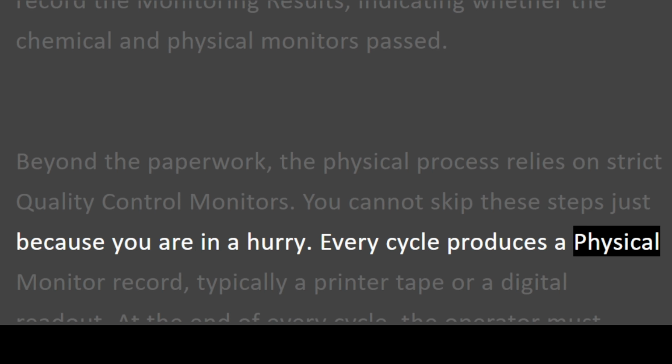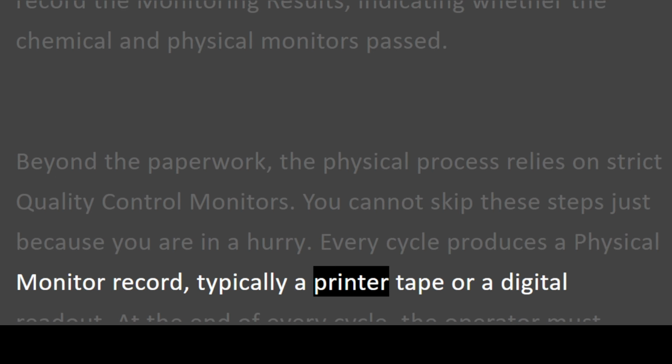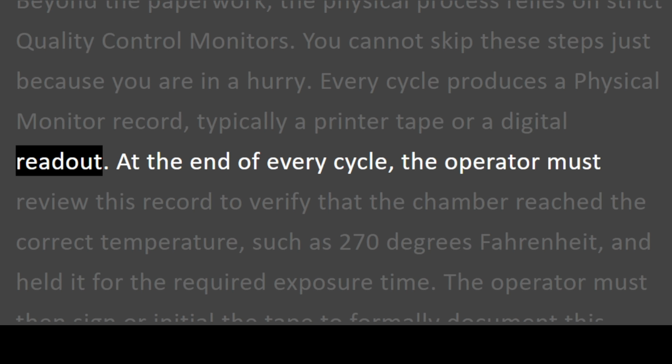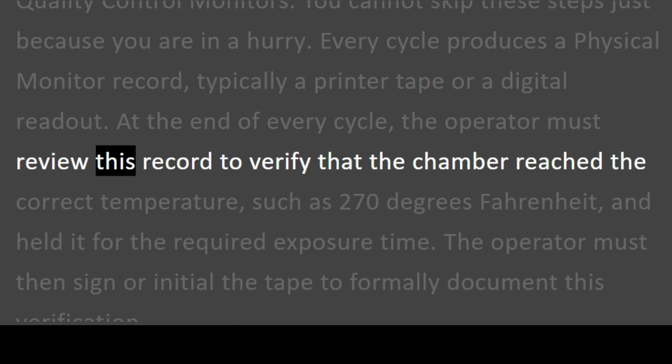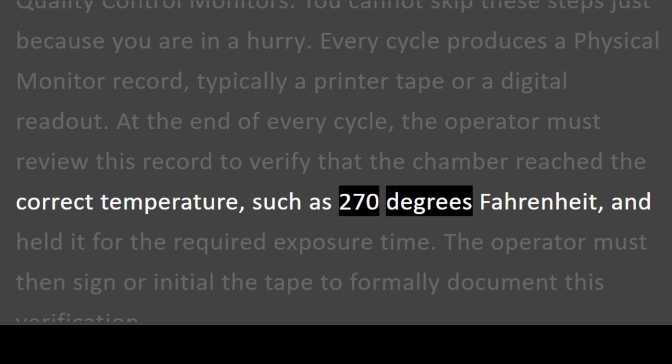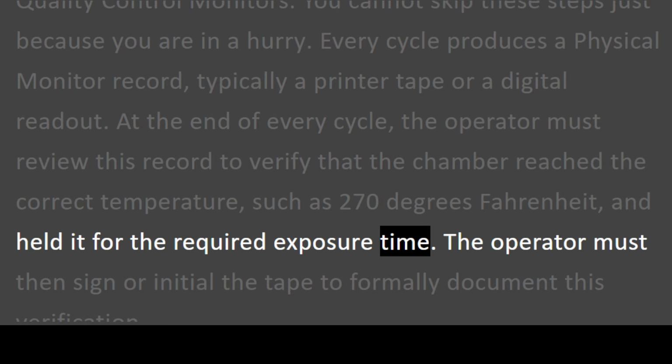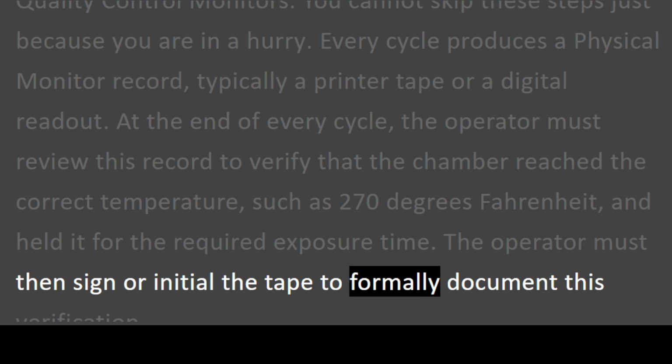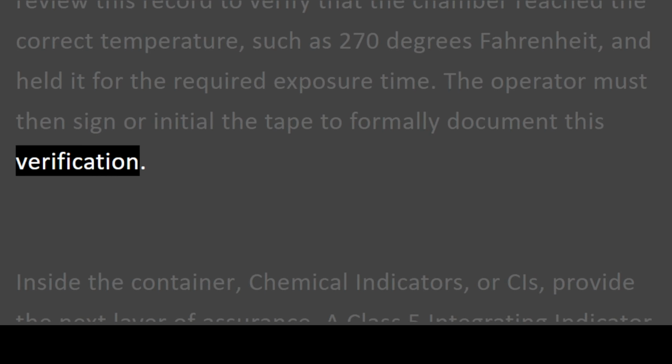Every cycle produces a physical monitor record, typically a printer tape or a digital readout. At the end of every cycle, the operator must review this record to verify that the chamber reached the correct temperature, such as 270 degrees Fahrenheit, and held it for the required exposure time. The operator must then sign or initial the tape to formally document this verification.